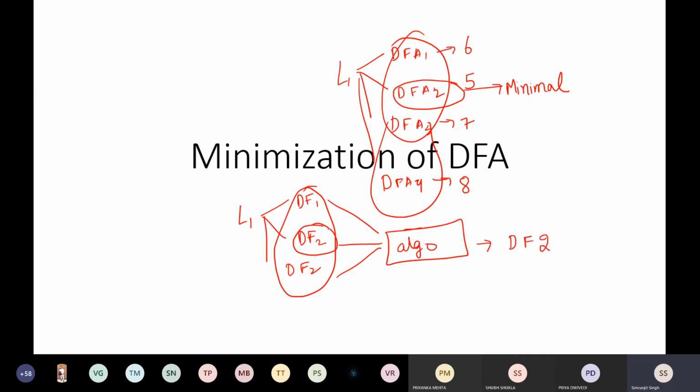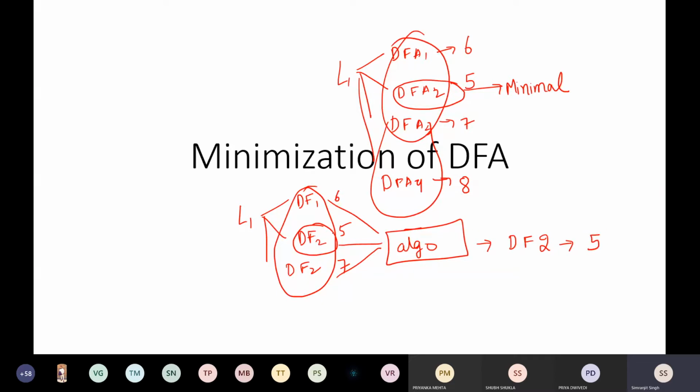So this DFA2 contains the minimum states, but there is no way to know whether the DFA you have designed has the minimum number of states.